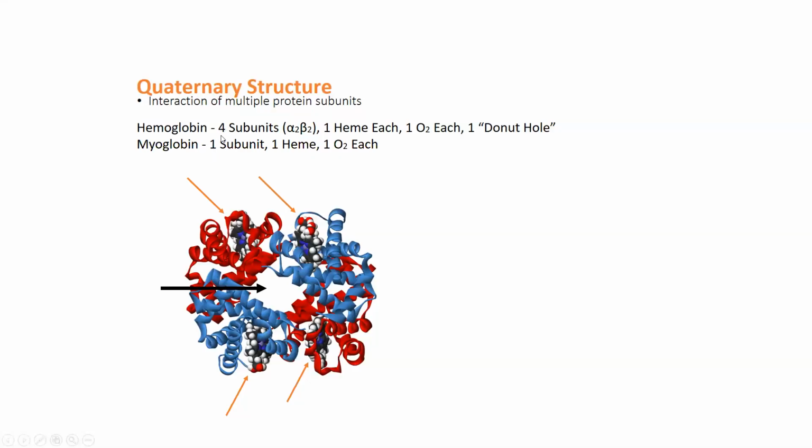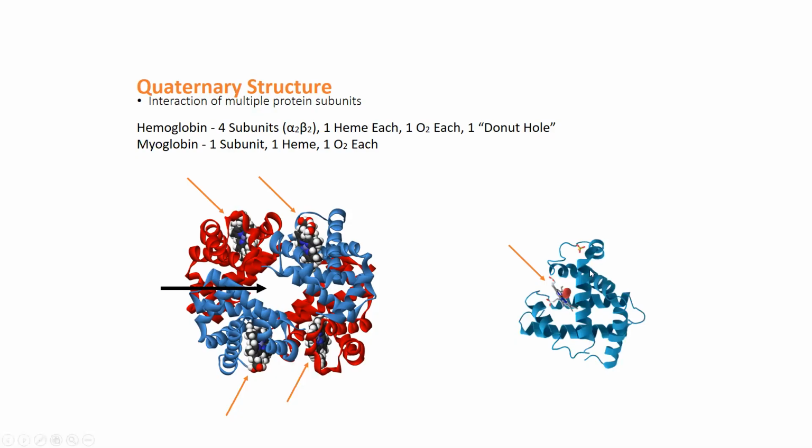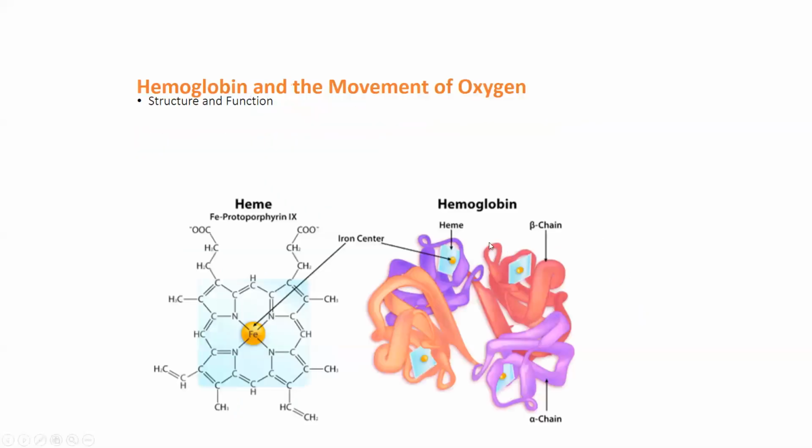It has four subunits, each subunit has one heme, meaning four hemes, and each heme has one diatomic oxygen for a total of four diatomic oxygens. So that's the structure of hemoglobin and myoglobin. That is myoglobin: one subunit, one heme, one O2 in the donut hole.